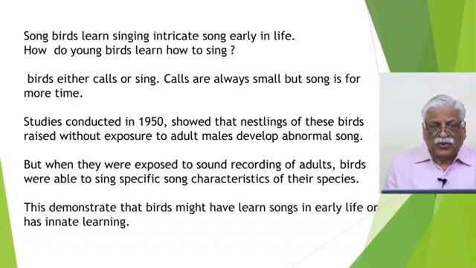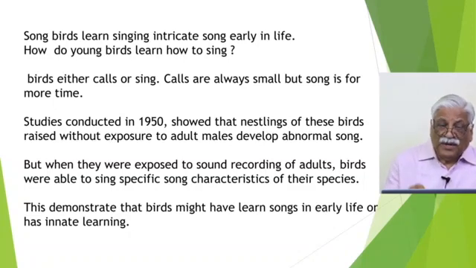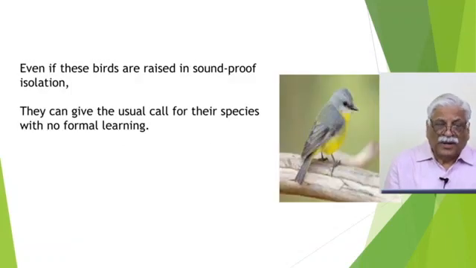But when they were exposed to sound recordings of adults, the nestlings were able to sing the song characteristics specific to their species at the adult age. This demonstrates that birds might have learned songs in early life, or might have an innate type of learning of songs. Surprisingly, even if these birds are raised in soundproof isolation, they can give the usual call for their species with no formal learning.